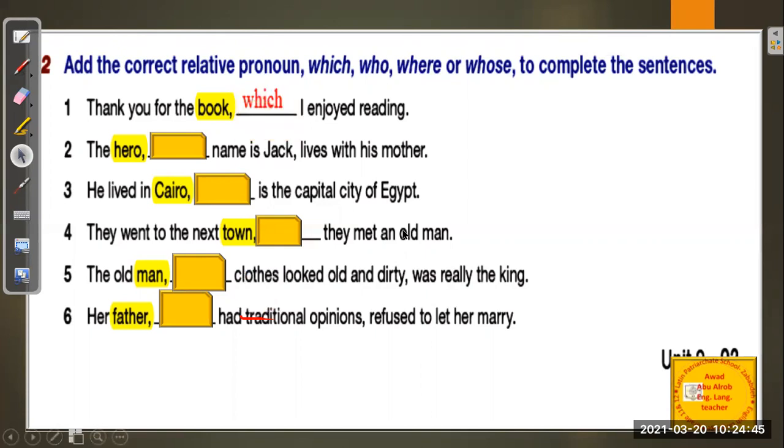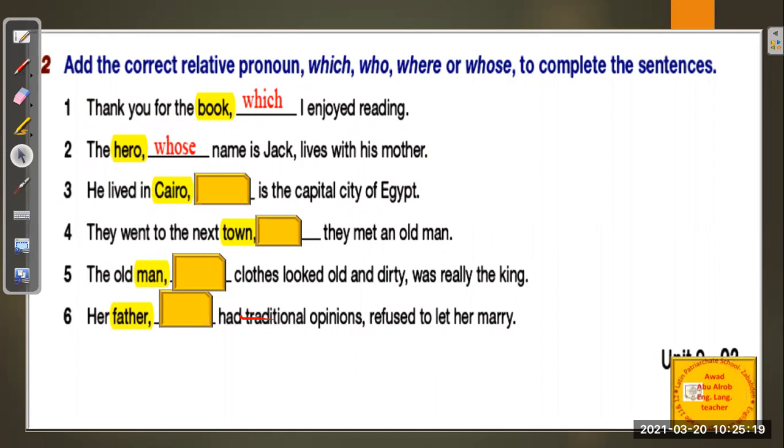Okay. Number 2, Yaqub. The hero whose name is Jack lives with his mother. The whose name, yes. Number 3, Carol. He lived in Cairo, where is the capital city of Egypt. Where or which? Okay, what do you think others?